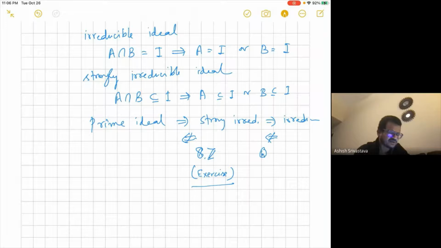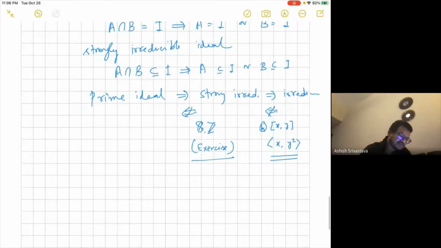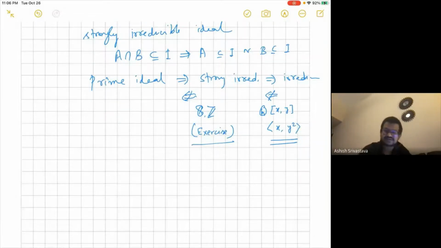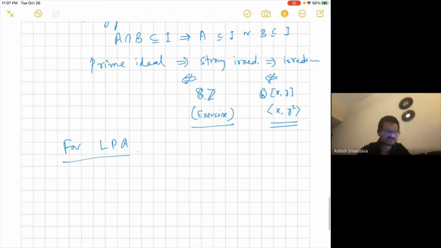Take the polynomial ring in two variables, x and y, over Q, and you can check that the ideal generated by x and y squared, for example, is irreducible, but it is not strongly irreducible. But then my student in her dissertation has proved something very interesting, that for a Leavitt path algebra the three notions are equivalent.